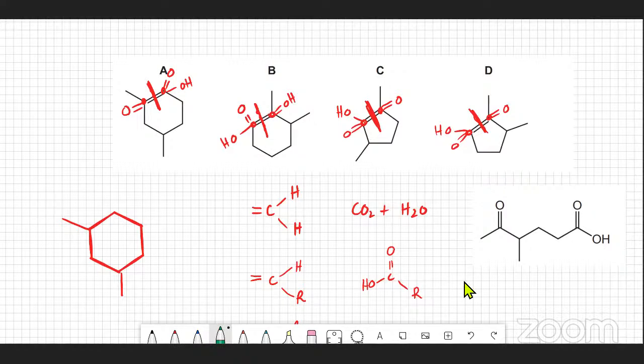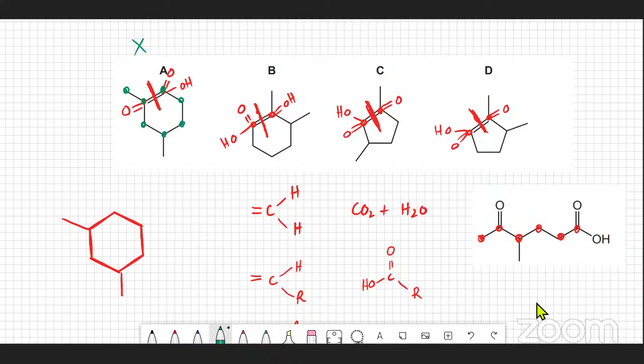Now, this molecule has 1, 2, 3, 4, 5, and 6 carbon atoms in a line. So I'm going to count each one of them. That's 1, 2, 3, 4, 5, 6, and 7 carbon atoms, so that's not possible.